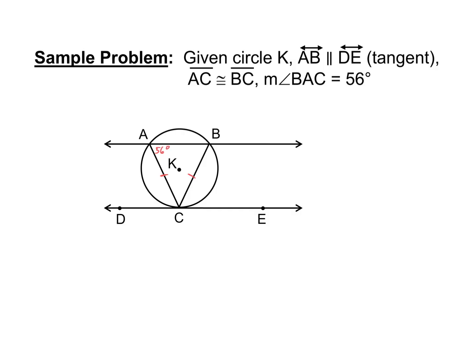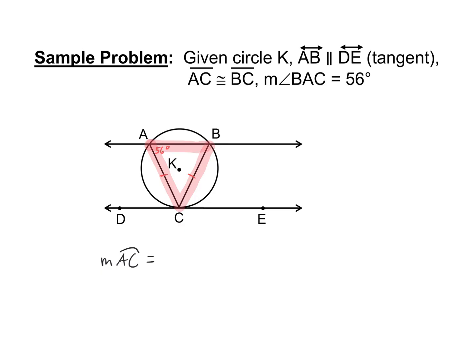Okay, so the first thing I want to find is the measure of arc AC. So here's arc AC, and we want to find the measure of that, which means we need to know angle B. Well, do we know angle B? I got to use some of my other math information, because if I look at the fact that this and this are the same length, that makes this an isosceles triangle.